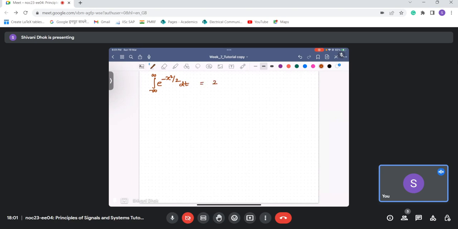This I can write as 2 times, since it is an even function, the integral from 0 to infinity e power minus x square by 2 dx. I hope this is okay.